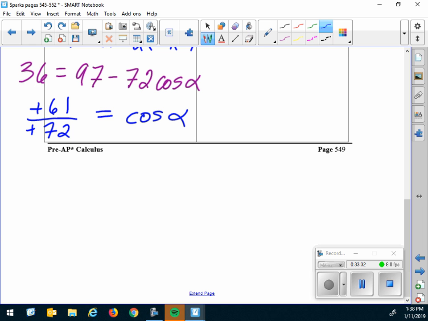How do I find alpha? Inverse what? Cosine inverse. Cosine inverse of both sides. Cosine inverse of 61 over 72.